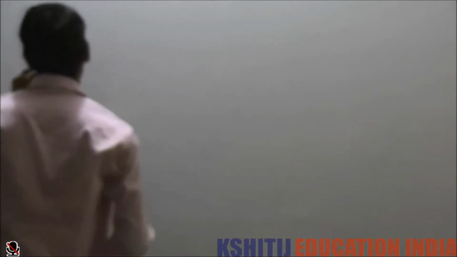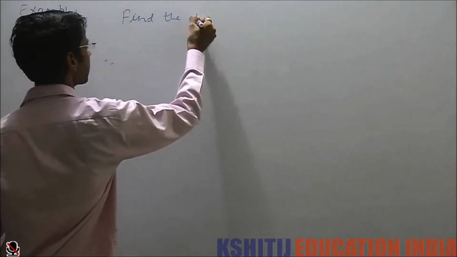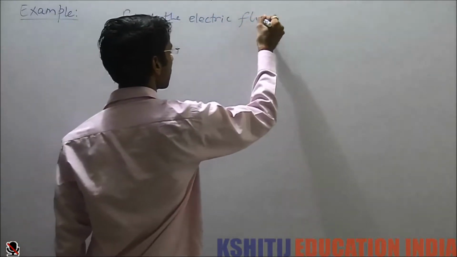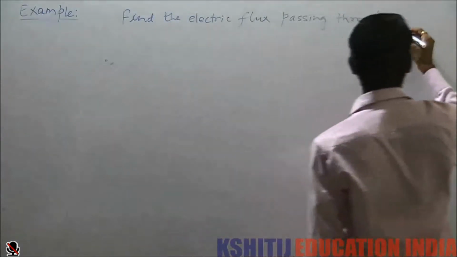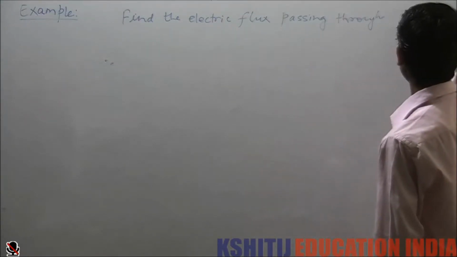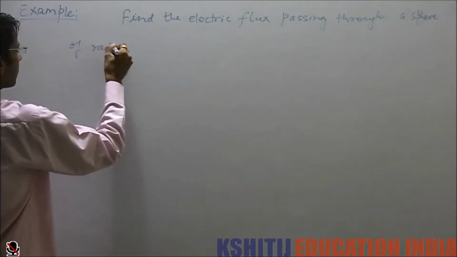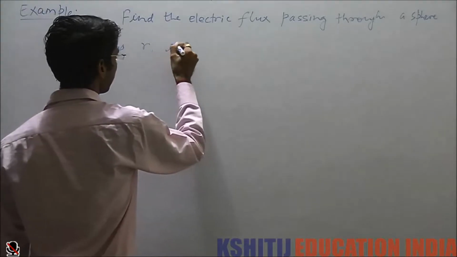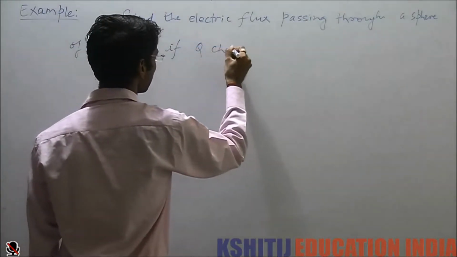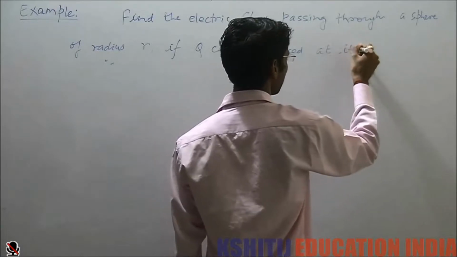This is another example. Find the electric flux passing through a sphere of radius r if charge q is placed at its center.